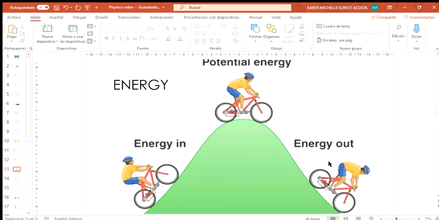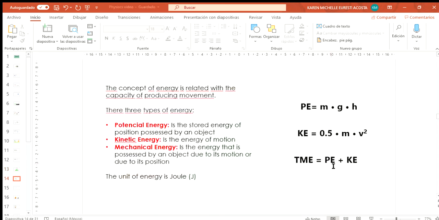Then we have energy. The concept of energy is related with the capacity of producing movement. There are three types of energy: potential energy, kinetic energy, and mechanical energy.